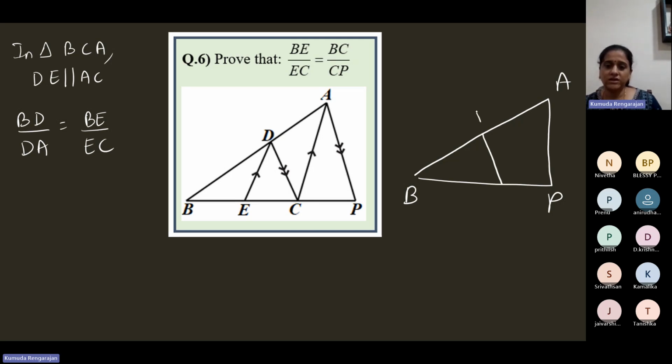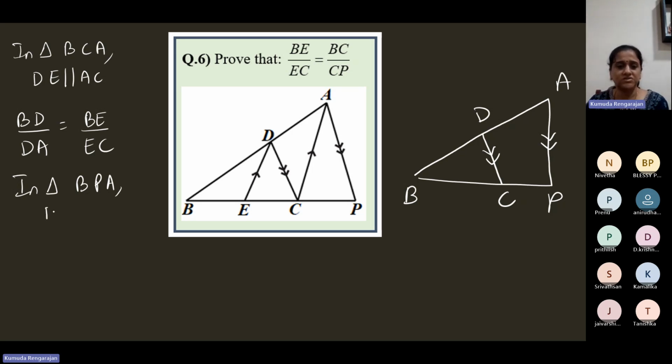So this is the triangle BPA in which DC is parallel to AP. It's marked like this. So again, in triangle BPA, because DC is parallel to AP, by BPT we have BD by DA equals BC by CP.